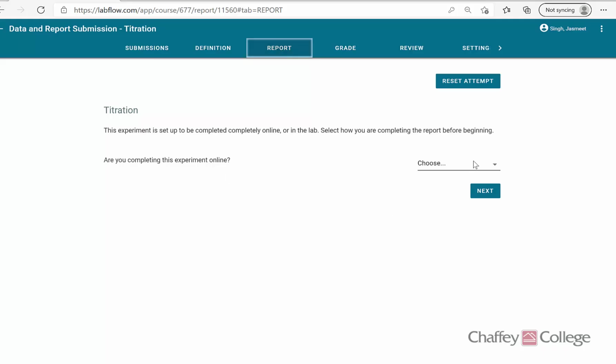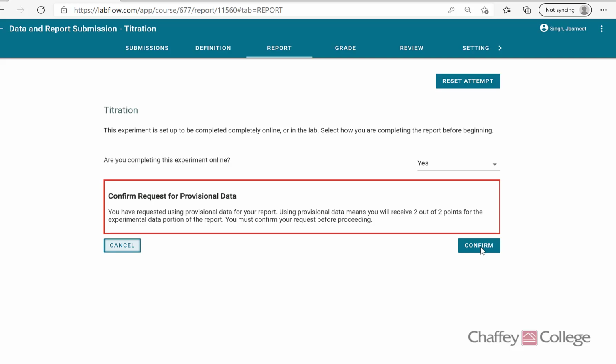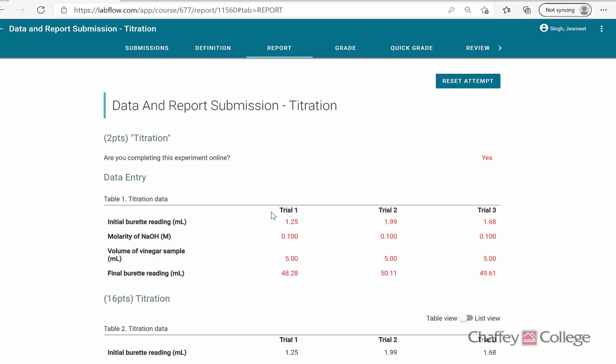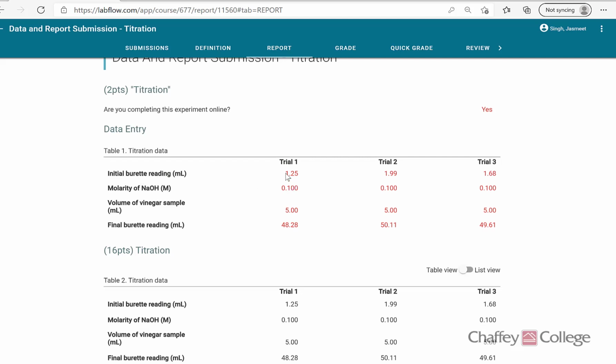In the lab report we are going to request provisional data. Here you need to select yes, that we are completing the experiment online, click next, then request provisional data and confirm. This data is already given. What this data is telling you is the starting volume of base in the burette.